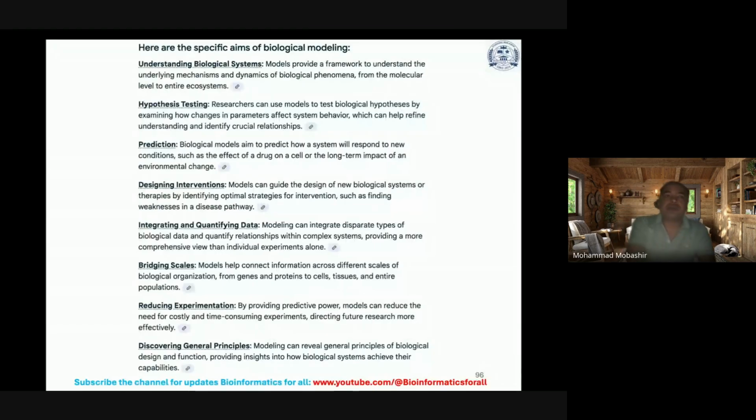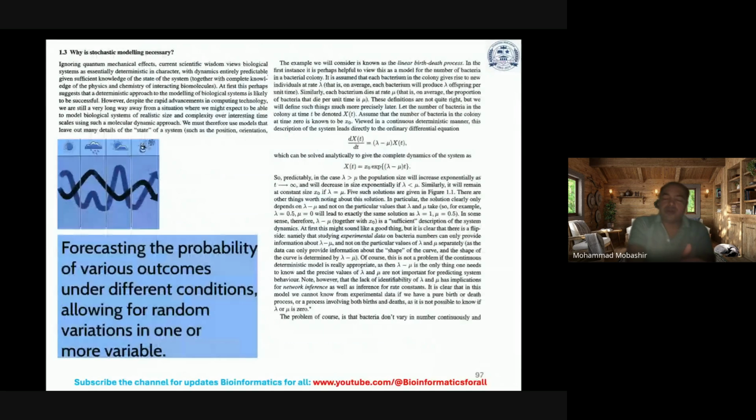Now, why are these modelings necessary, what type of modeling will be required and when? For example, stochastic modeling: why is stochastic modeling required and in which condition? For this purpose, you need to understand what stochastic modeling is.